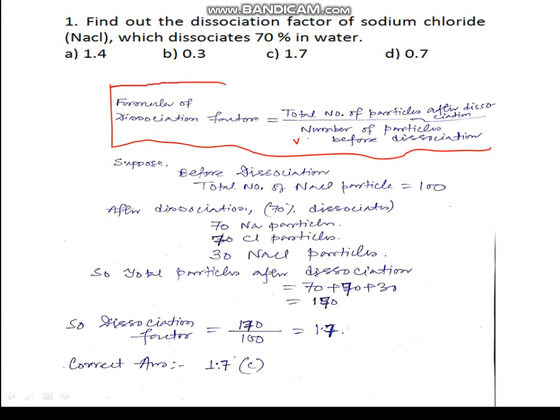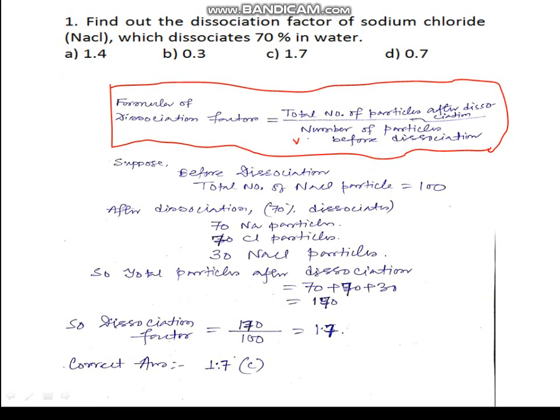Dissociation के पहले कितना पार्टिकल था और dissociation के बाद में कितना पार्टिकल. So dissociation factor is the number of particles after dissociation divided by the number of particles before dissociation.